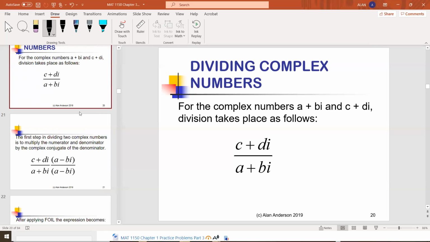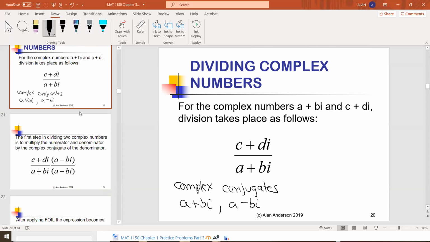So first of all, I'd remind you what complex conjugates are. I did tell you this would come in handy eventually. The complex conjugate of a plus bi is a minus bi. Now we know that we're allowed to multiply any ratio by 1 without changing its value. The question is, what form of 1 should we use?